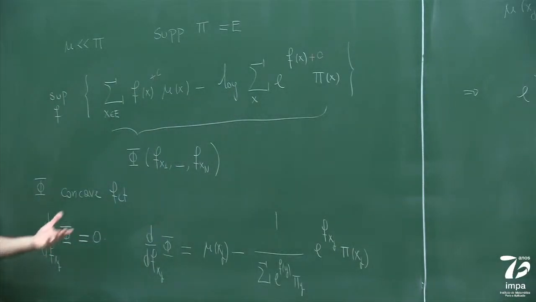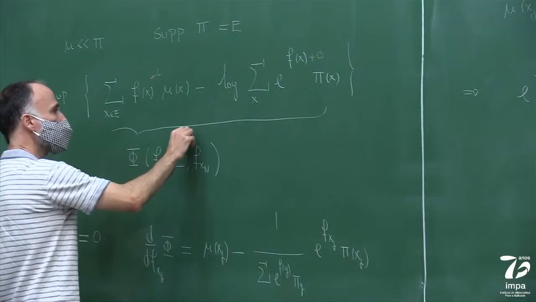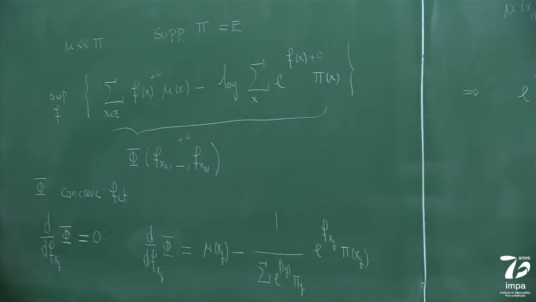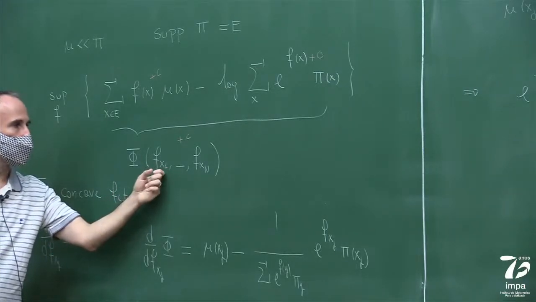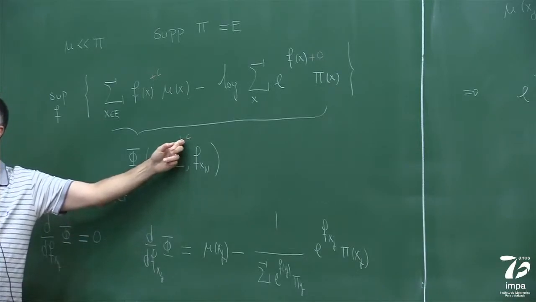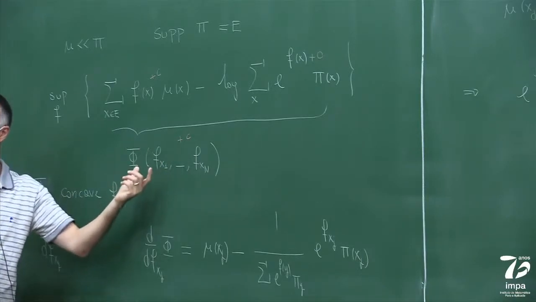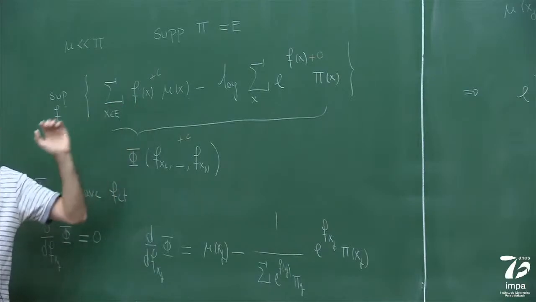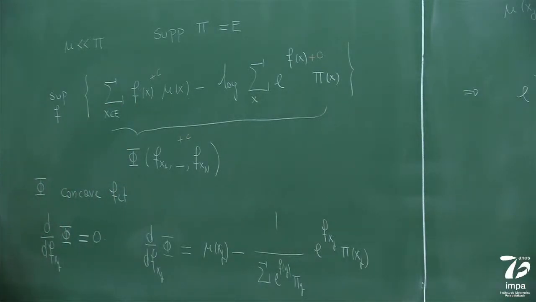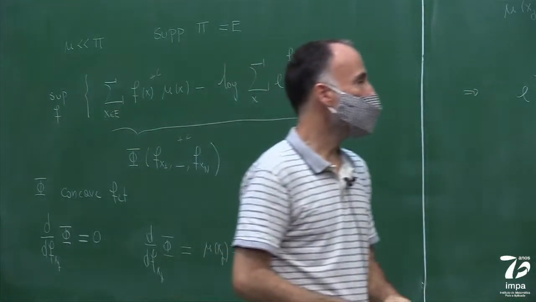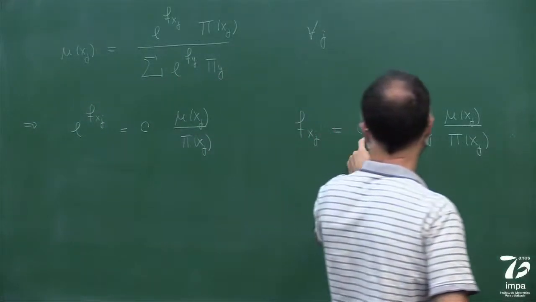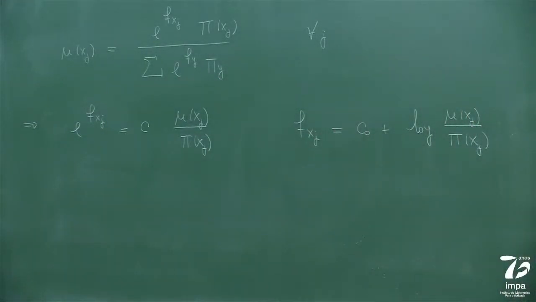This means that this function is constant in this direction. If I add to every coordinate a constant c, this function is constant. So it's constant along this line, which means that I can choose here any constant I wish.